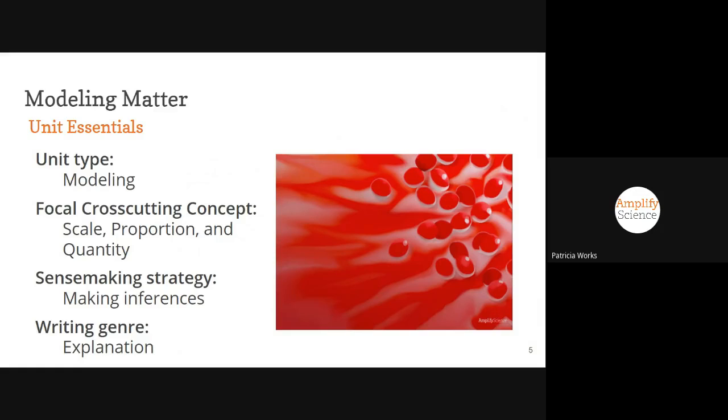The focal cross-cutting concept in this unit is scale, proportion, and quantity. In their role as food scientists, students delve deeply into the particulate nature of matter as they investigate what's happening at the macro scale and nanoscale in 2 food-related mixtures.